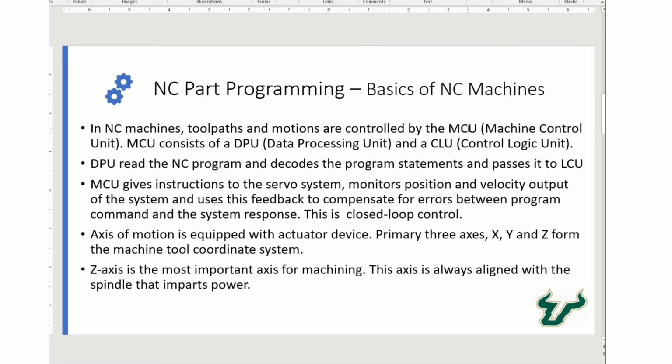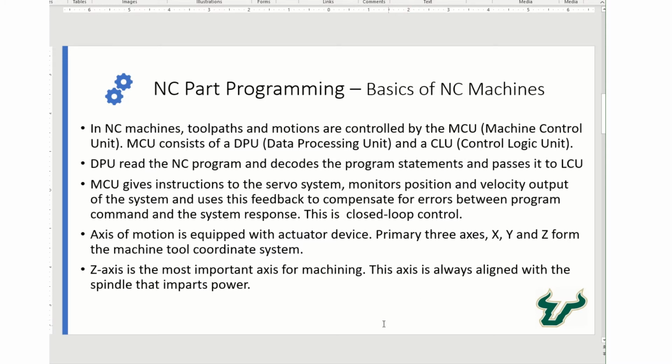The CLU receives this data from the DPU and then converts it into control signals and controls the machine through actuation devices that replace, typically, the hand wheel you see on conventional machines. An actuation device can be a servo motor, or a hydraulic actuator, or even a step motor.